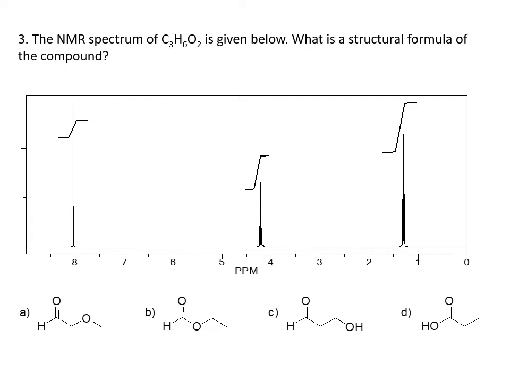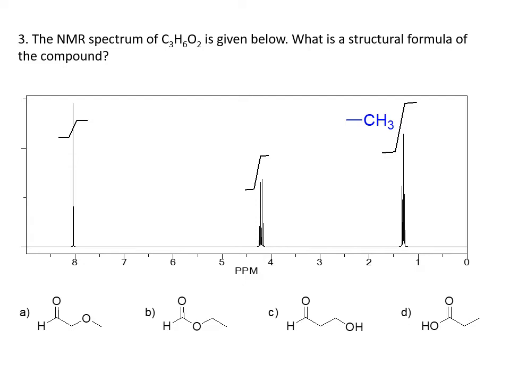And then we can see the other 2 signals. If you look at the inflection of the integration curve, if you measure the height of the signal at 8 and take that as 1, you will see that the signal at about 1.3, 1.35 corresponds to 3 hydrogens.